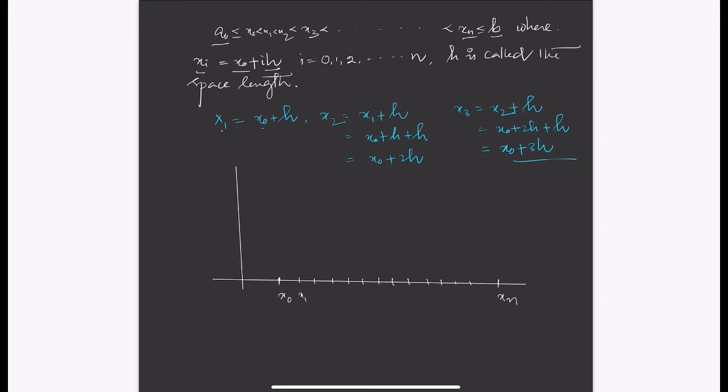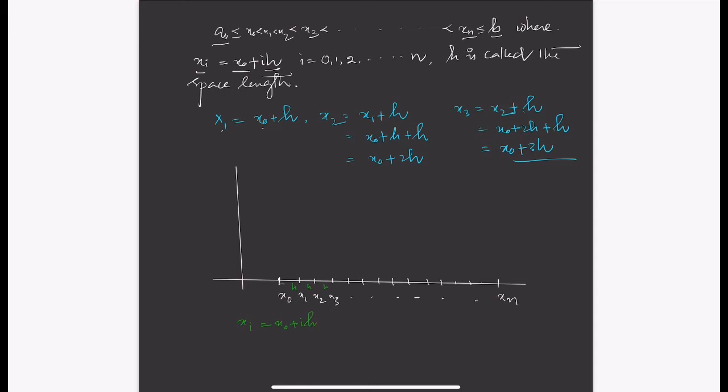This is our x1, this is my x2, x3, and so on. So what is the difference between x0 and x1? This difference is h. This difference is h, h. So xi is nothing but x0 plus i into h.